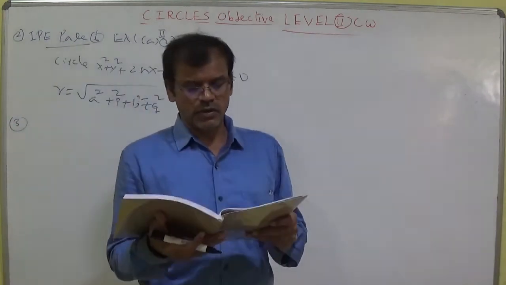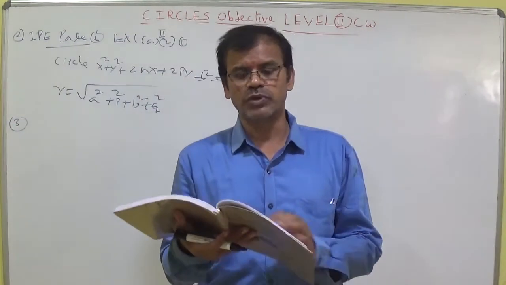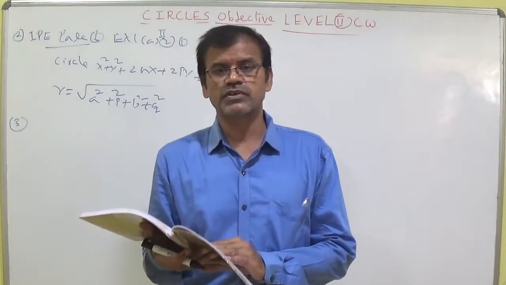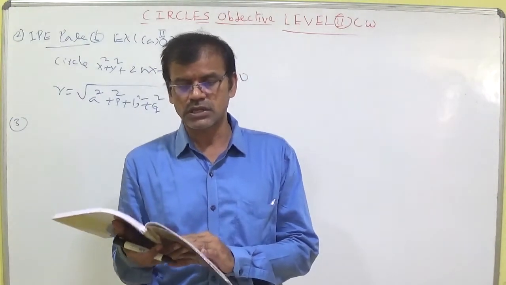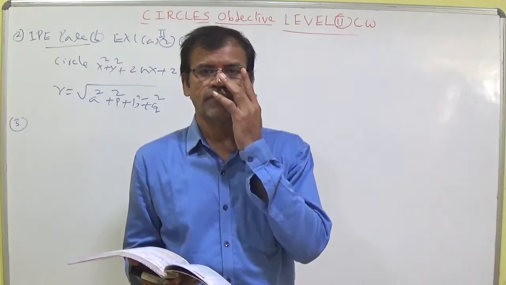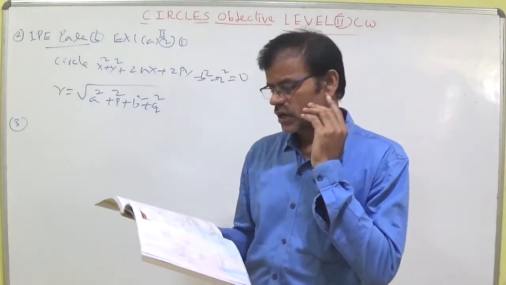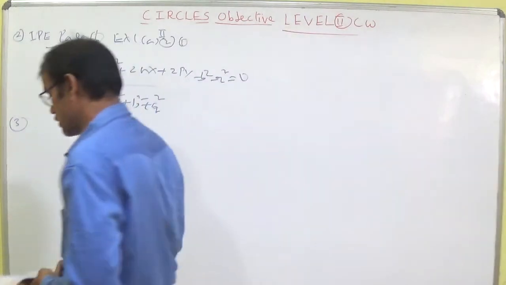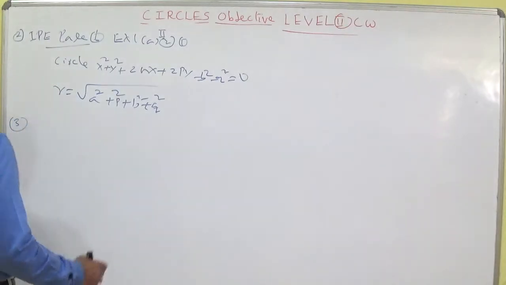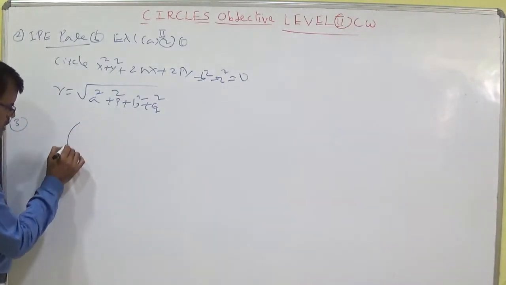A rod AB of length 4 units moves horizontally with left end A always on the circle. Here is the hint: left end A lies always on the circle, then find the locus of the other end B. Draw a circle like this.